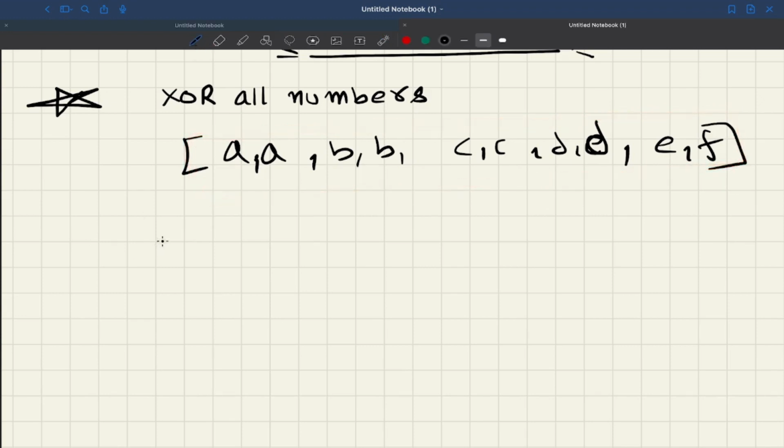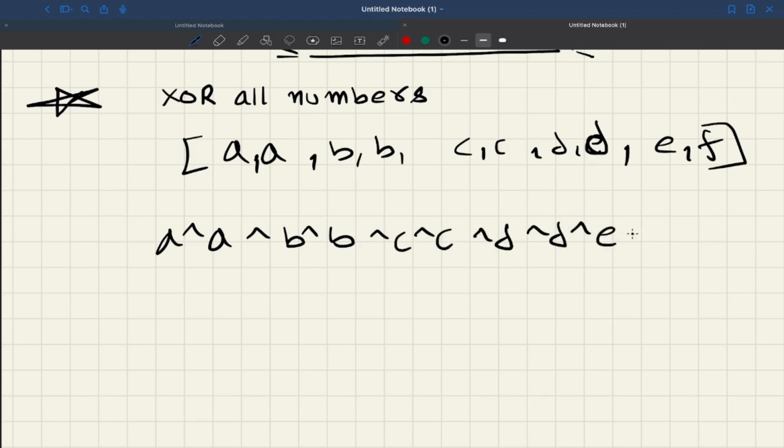If I take XOR of all these numbers, A XOR A, XOR B, XOR B, XOR C, XOR C, XOR D, XOR D, XOR E, XOR F, we know that A will cancel A because they have entirely the same bits. B will cancel B, they will yield 0. C XOR C will yield 0.